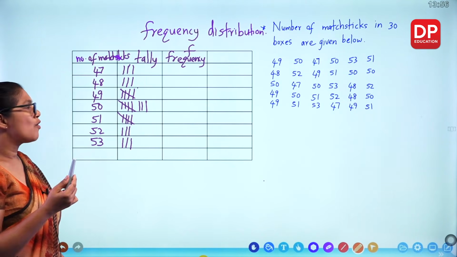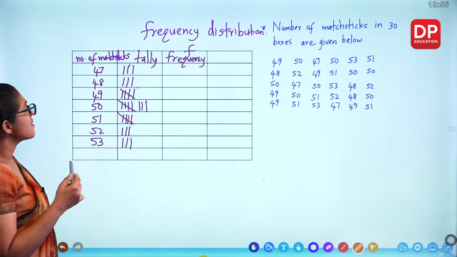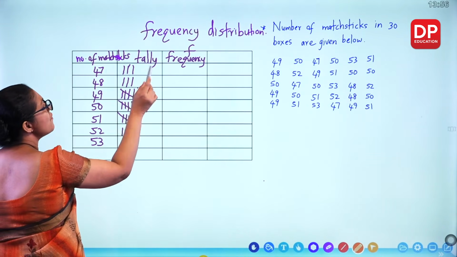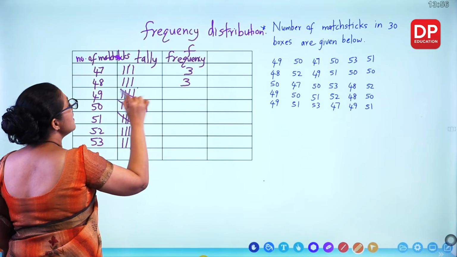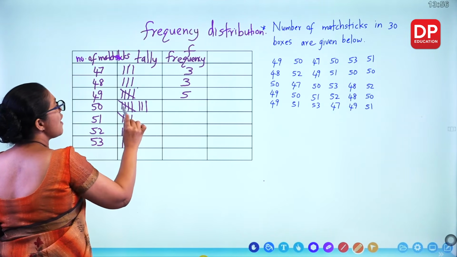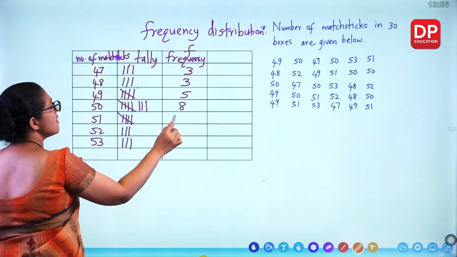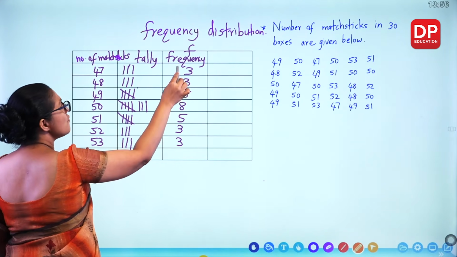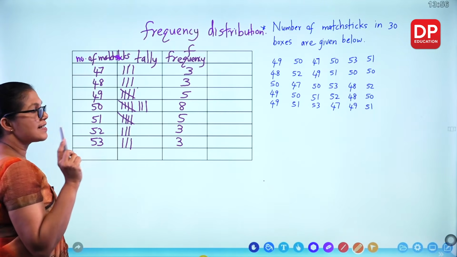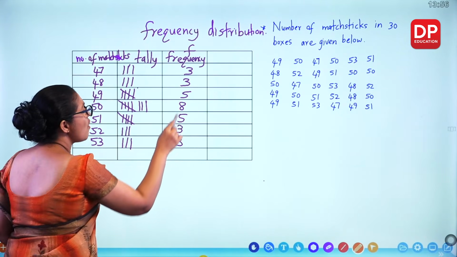Now you can count how many tally marks there are. That's called the frequency. 1, 2, 3. 1, 2, 3 here. This is 5. 5 plus 3, 8. 5 and 3, 3. So we can check whether your data set is correct by adding all together.